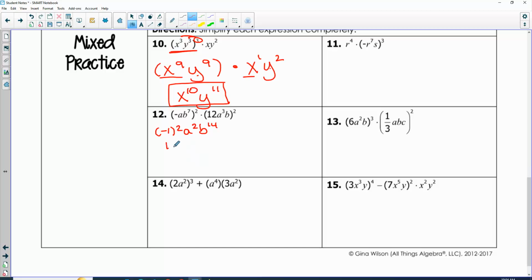It's -1 times -1. So we just get 1 a squared b to the 14th for the first parenthesis. Second one, this is saying 12 squared a to the 6th b squared. What is 12 squared?